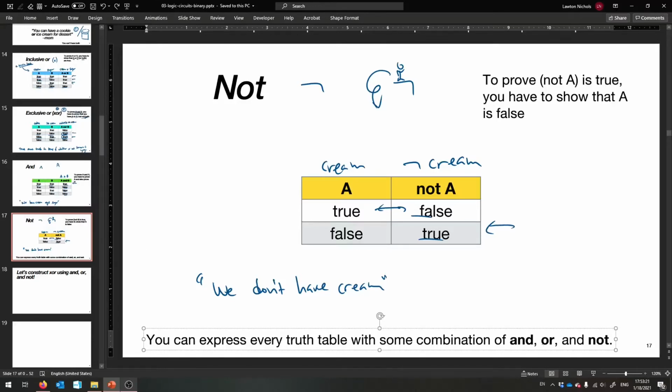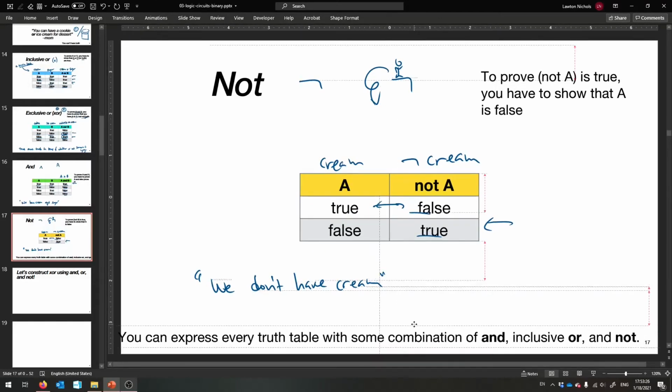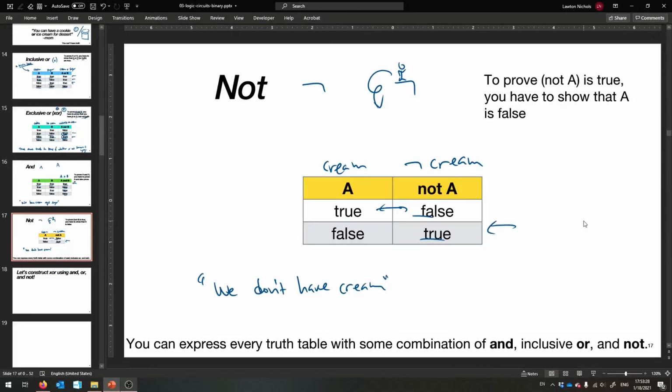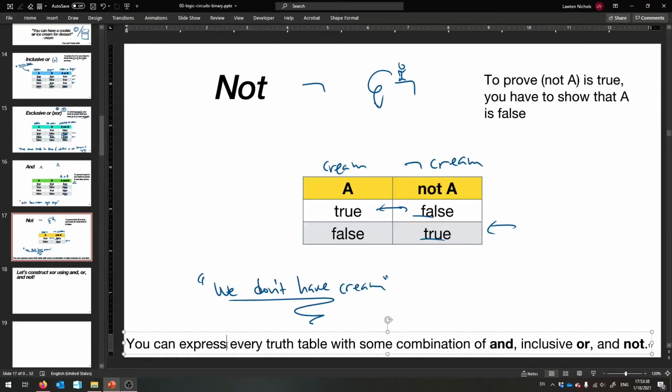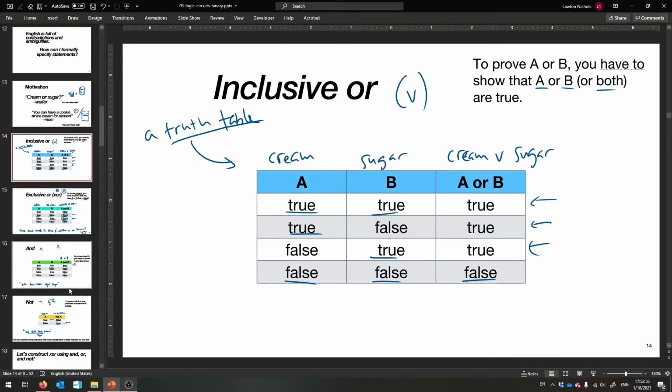So I should say inclusive or here, because it just so happens that no matter what sentence you write on the right-hand side, you can actually express every truth table, everything under the sun, with some combination of and, inclusive or, and not, which is really interesting to think about. So you just need this. You can use and, you can use or, and you can use not.